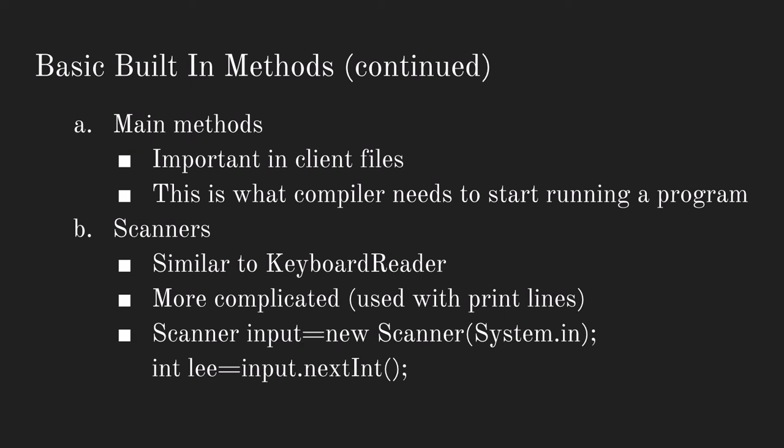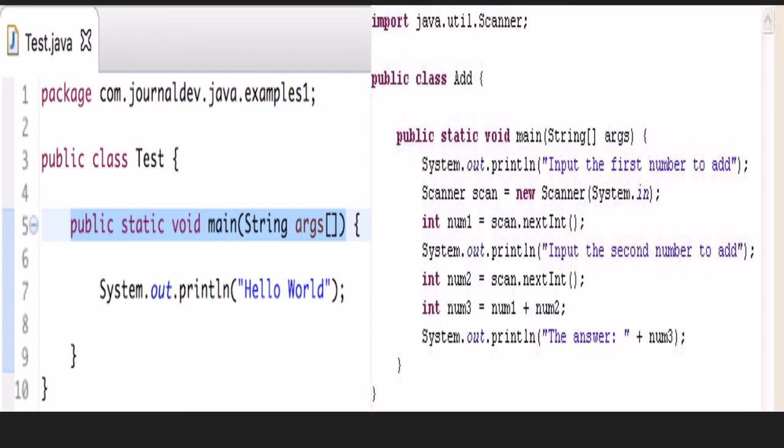So when the compiler sees the main method, which is public static void main, inside the parameters you want String[] args. Here they put the brackets after the args, but I usually put it in between.